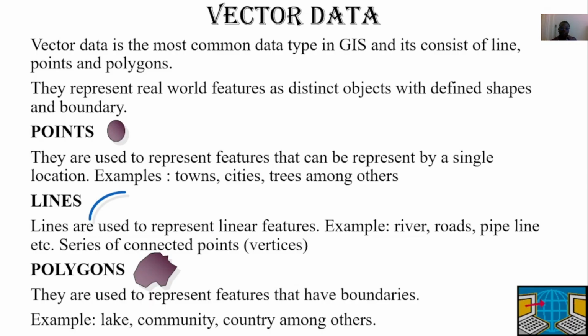Then you have the polygon. Polygons are used to represent geographic entities that have boundaries. An example is your house, the boundary of Ghana, the boundary of your community. You can also use polygons to represent the various districts in Ghana.